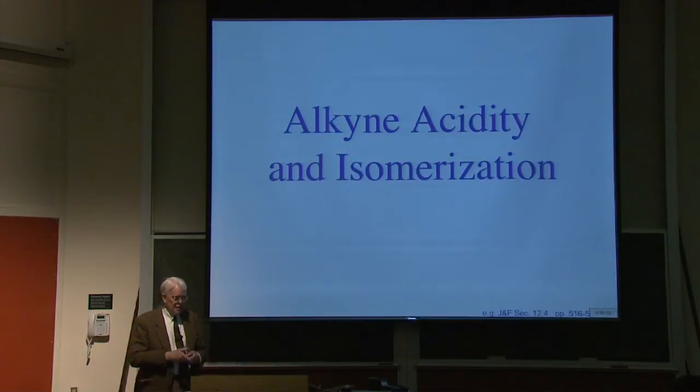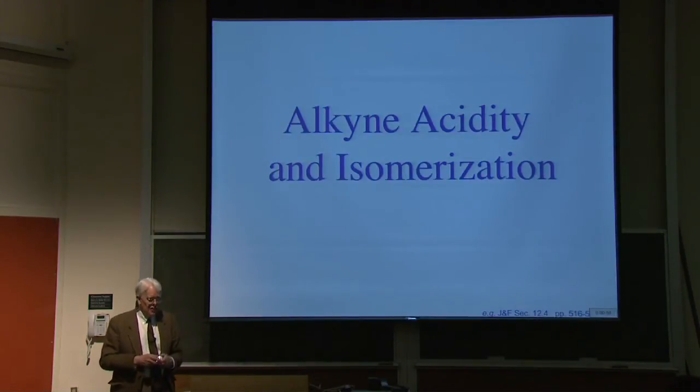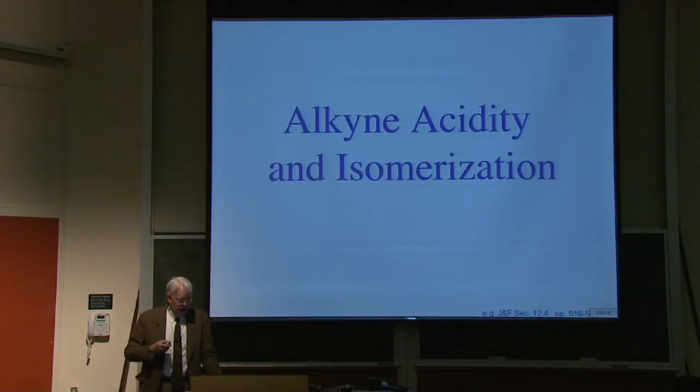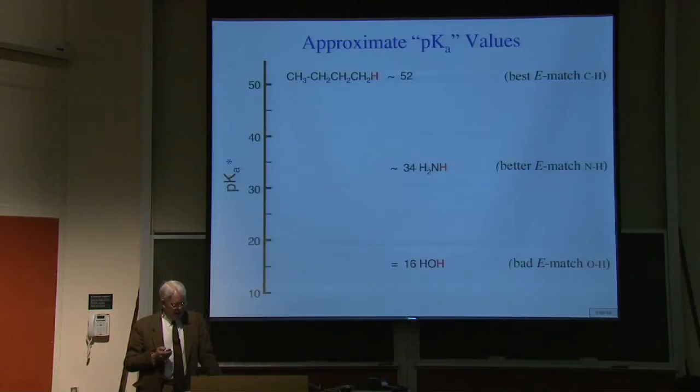Now, the final special thing about alkynes that we're going to talk about is their acidity and how that relates to isomerization of alkynes. So we looked before at these pKa values for carbon, nitrogen, oxygen, in the order you would expect them to be.